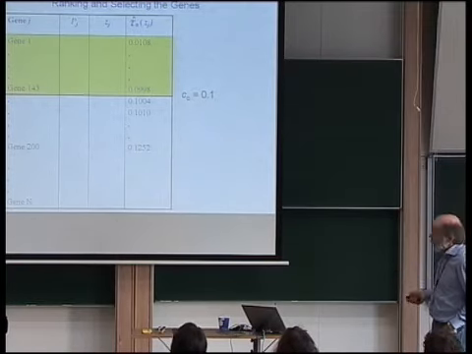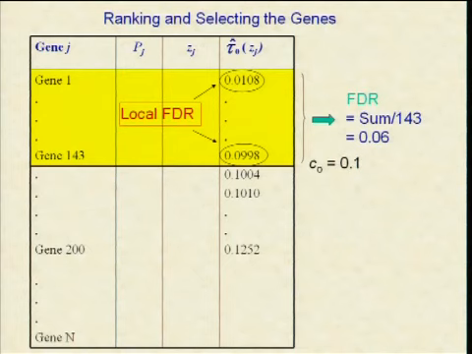Now if we do that, this is the local false discovery rate. If we want to estimate the false discovery rate, then we would add up all these quantities here, divide by 143, and we get 0.06. There's nothing magic about trying to keep the false discovery rate at round about 0.05. It just so happens that if you do take this C0 to be 0.1, then you get about 0.06.